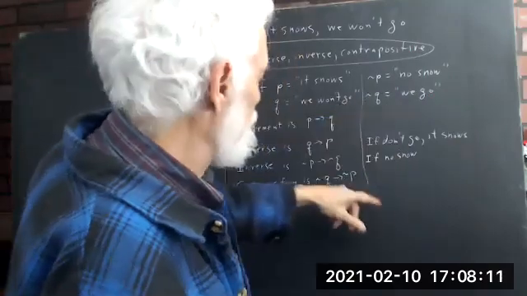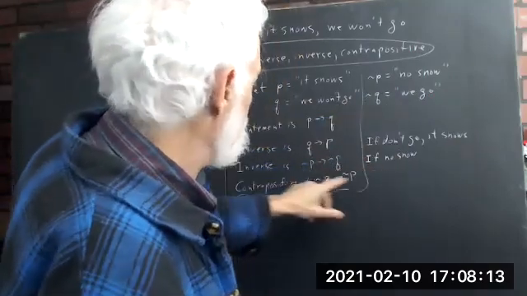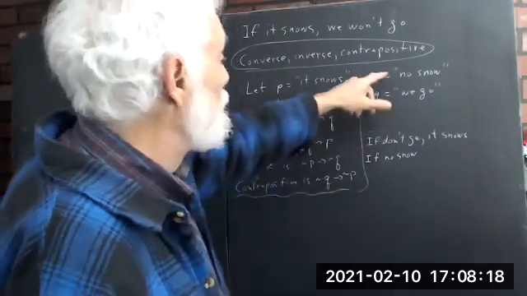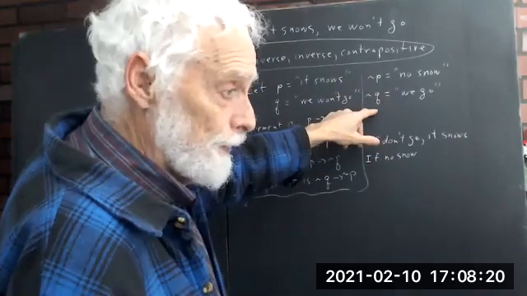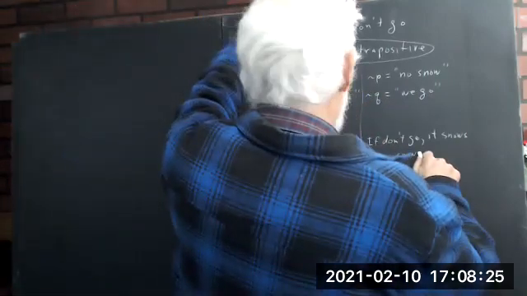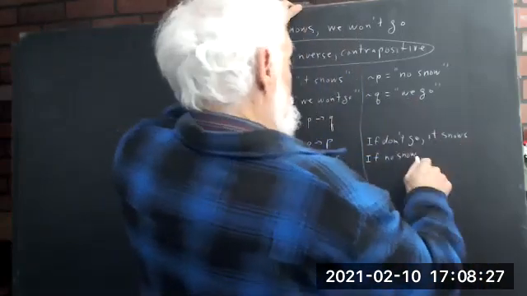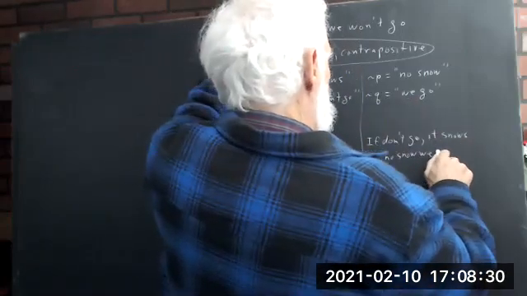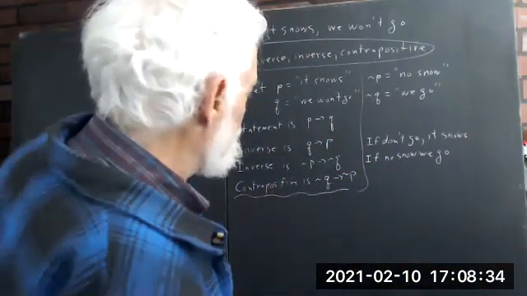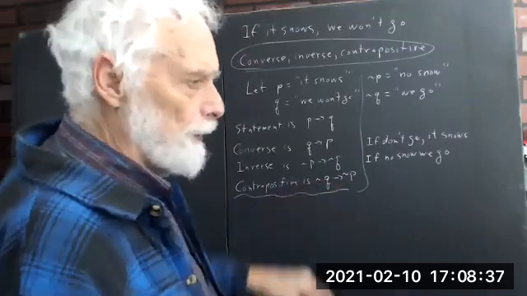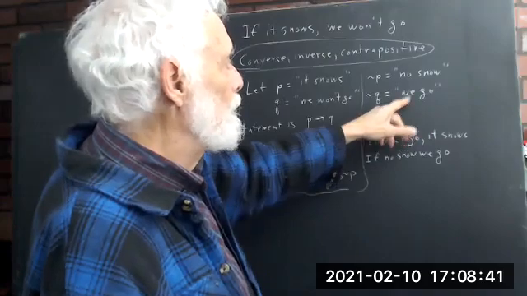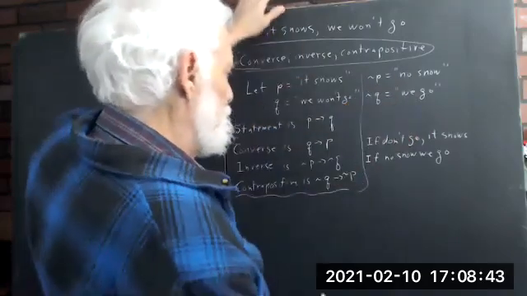So getting all this out of the way, now we can say if not P, then not Q means if no snow, then we go. And then the contrapositive, if not Q, then not P. Well, that means if we go, then no snow.